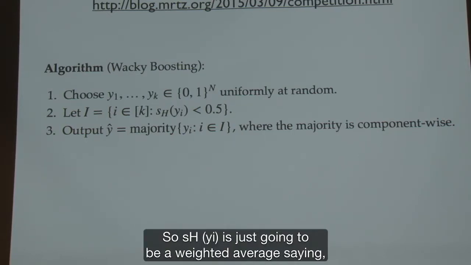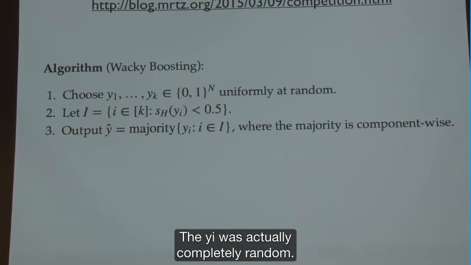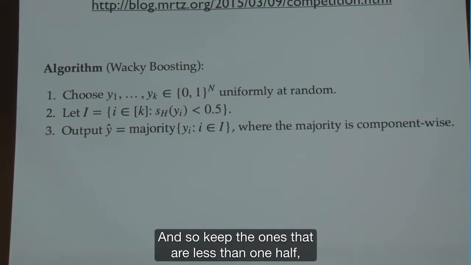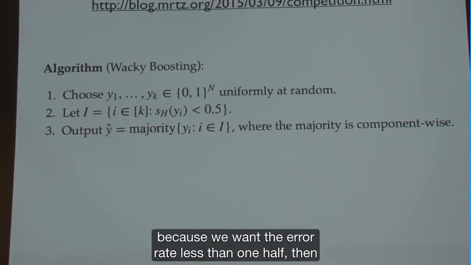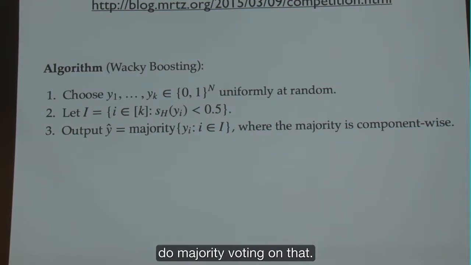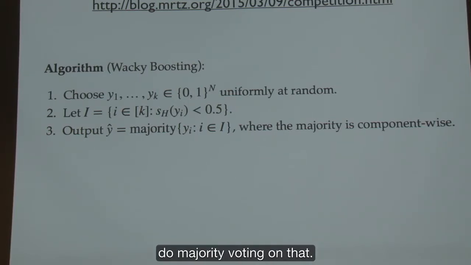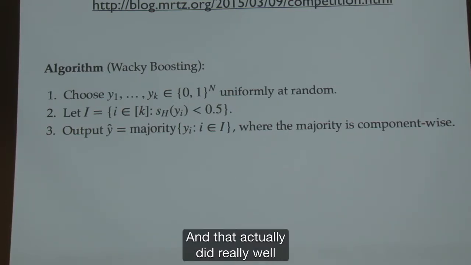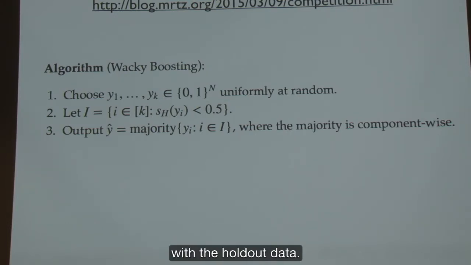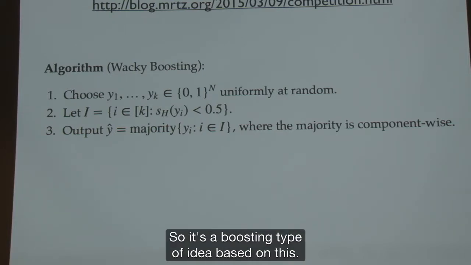So S sub h of yi is just a weighted average saying how well that yi did. The yi was actually completely random. And so keep the ones that are less than 1/2, because we want the error rate less than 1/2, then do majority voting on that. And that actually did really well until you get to the final part with the holdout data. So it's a boosting type of idea.